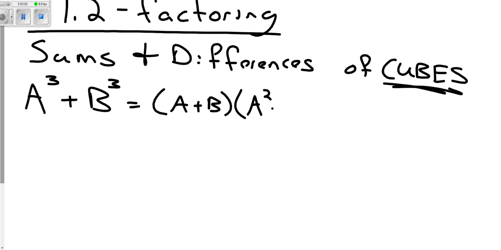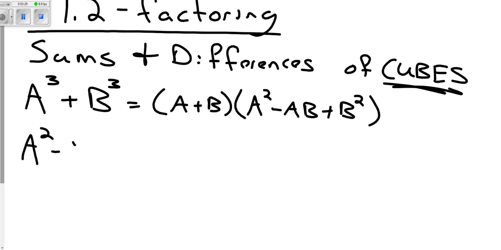It's going to be a squared minus ab plus b squared. It's just what it is.